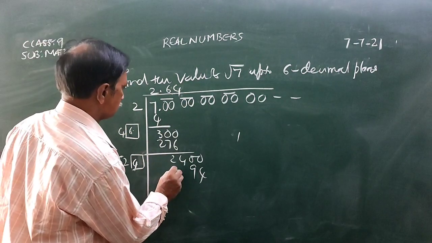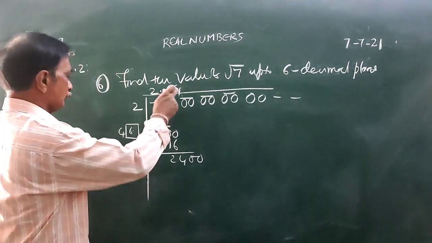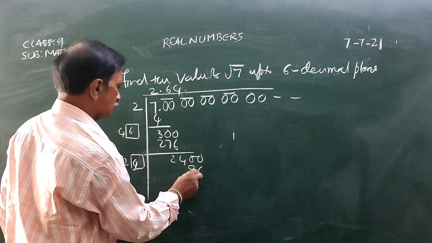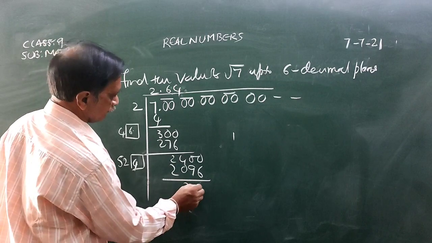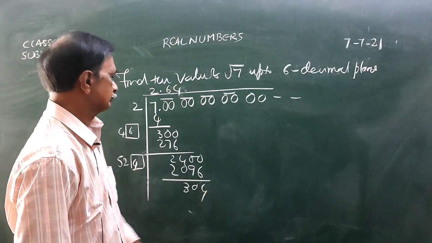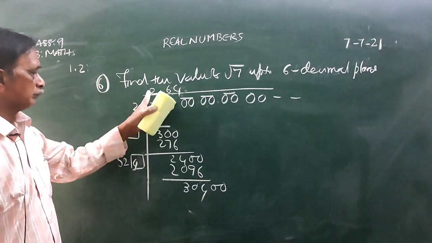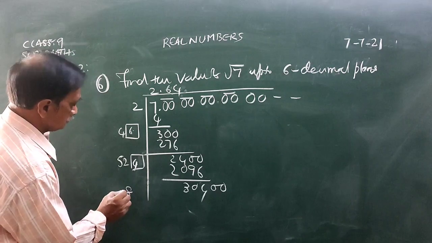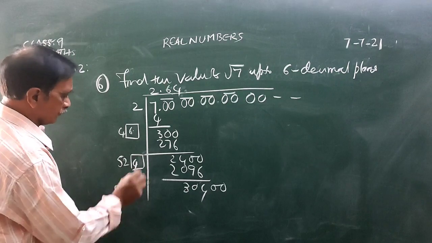4 fours 16, 4 twos 8 plus 1 9, 4 fives 20, 304. Now bring down the next group of zeros. Double this 264. 2 fours 8, 2 sixes 12, 5. 2 twos 4 plus 1 5.